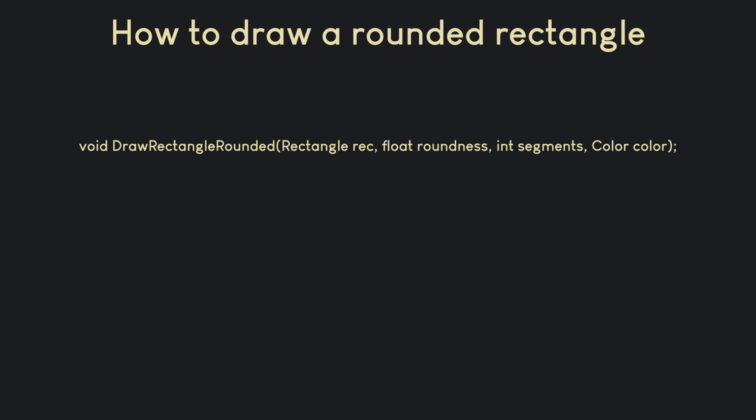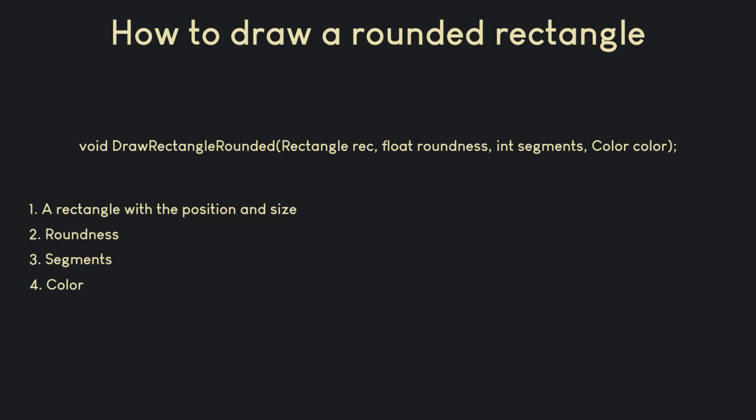It takes 4 arguments: a rect, which is a rectangle structure that represents the position and size of the rectangle to be drawn; roundness, which is a float value that represents the amount of rounding to be applied to the corners of the rectangle; segments, which is an int value that represents the number of line segments to be used in the approximation of the rounded corners; and color, which is a color structure that represents the color to be used for the rectangle.